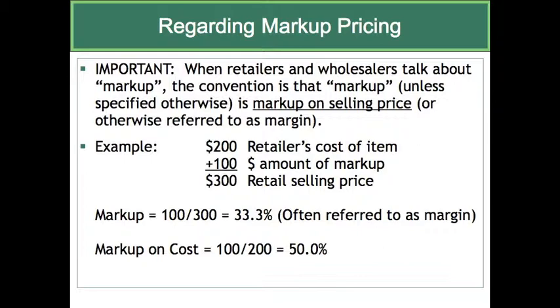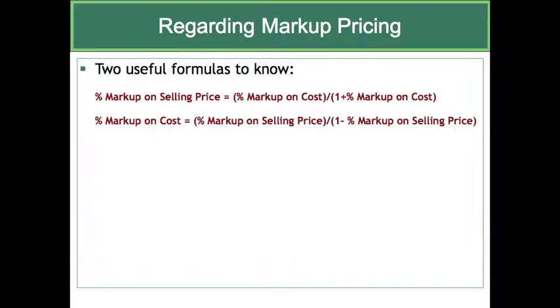The markup on cost, however, would be calculated by taking the dollar amount of the markup, which in this case is $100, divided by the cost, which is $200, so that equals 50%. So in this example, a markup on cost of 50% yields a margin, or a markup on selling price, of 33 1/3%. Here are two useful formulas that you might want to memorize.